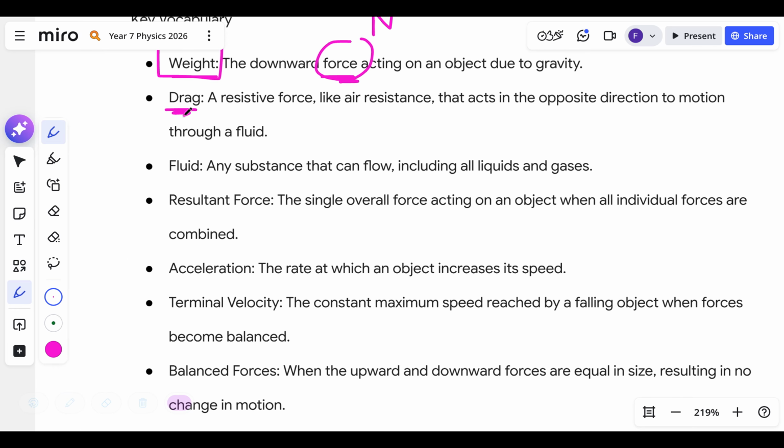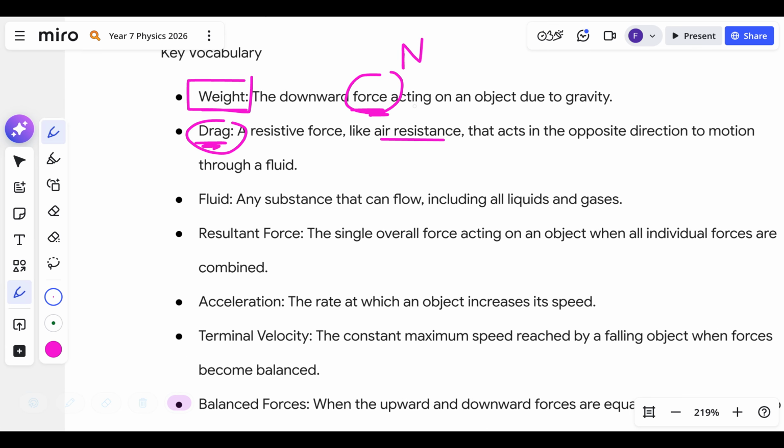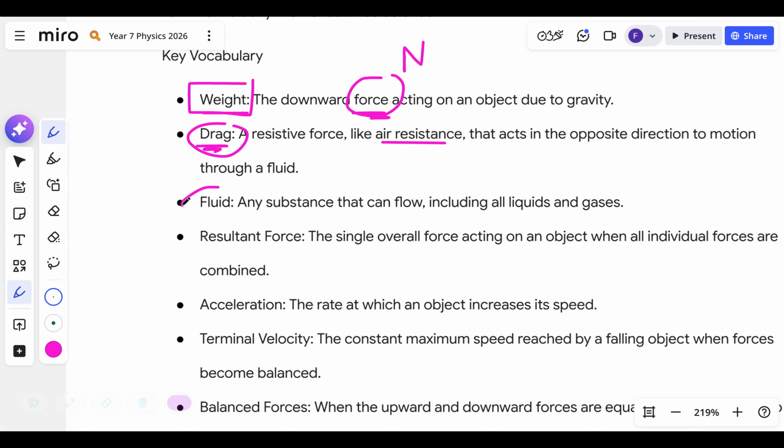Drag. So to me, when people talk about drag, the thing that I think about is air resistance, all right? And I love mountain biking, and the faster you go, the more the air pushes against you. That's air resistance. Now, there's a word that I think I've used twice, and you're not going to remember it, is fluid.